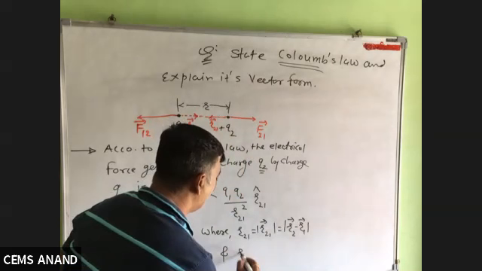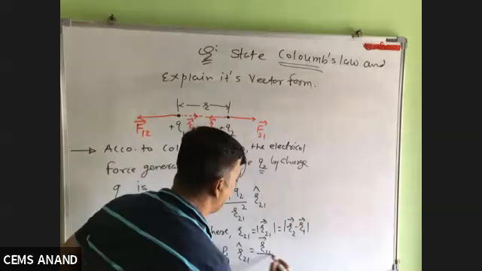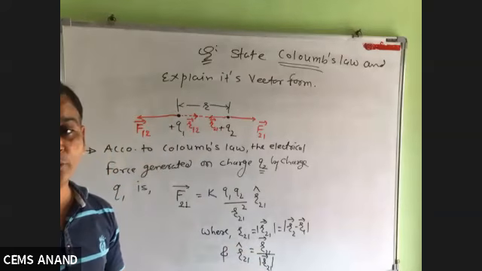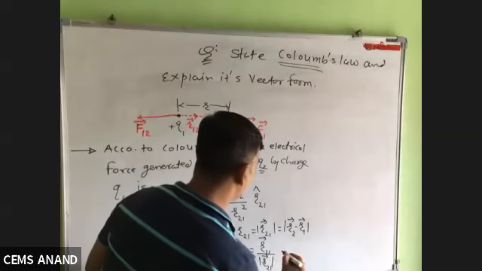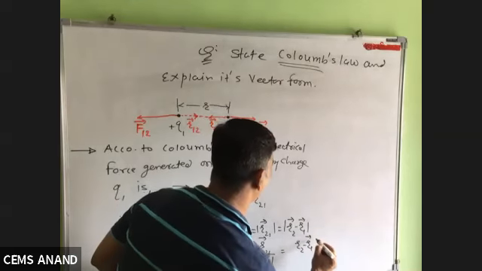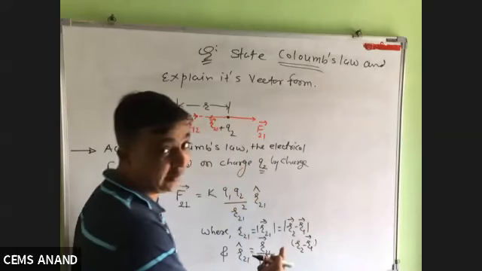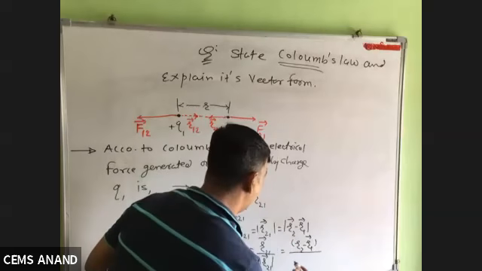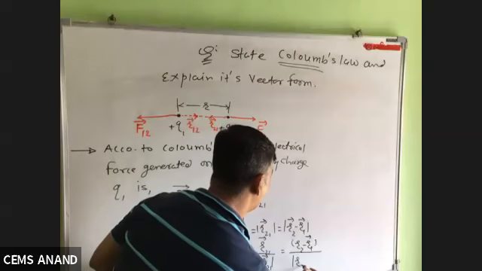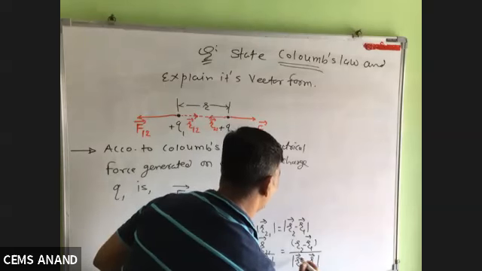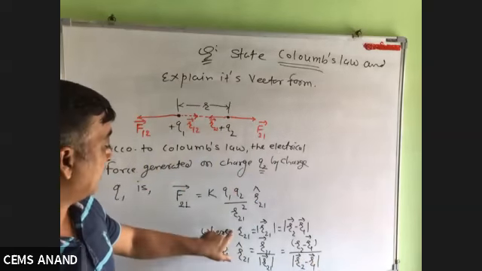A unit vector is a vector divided by its own magnitude. So it is R2 minus R1 in bracket. Mind well, it is not modulus, it's a bracket, it's a vector form, divided by the modulus of R2 minus R1. This is a vector form and this is a simple form, right?